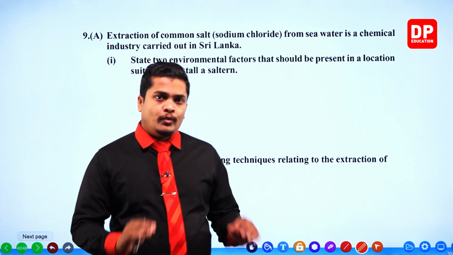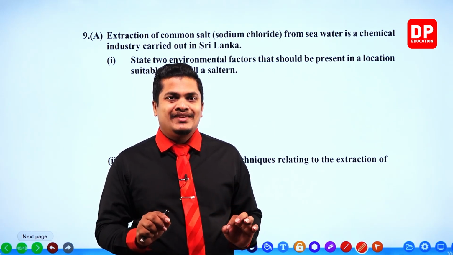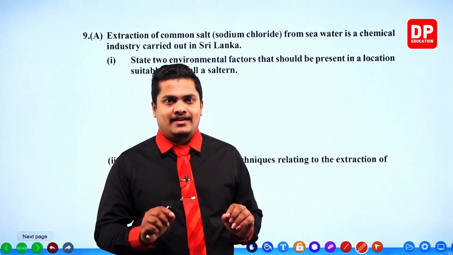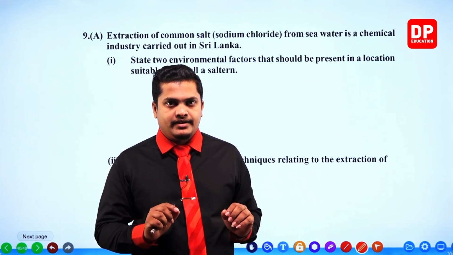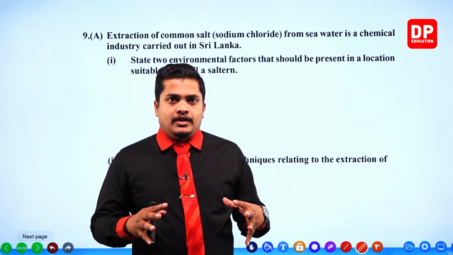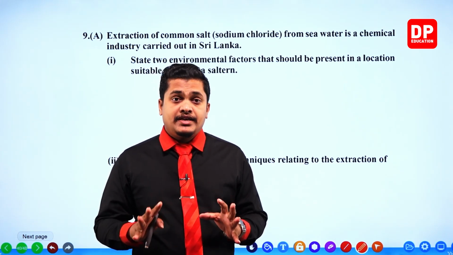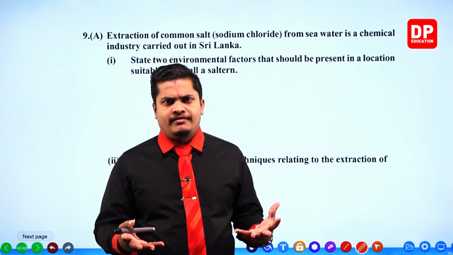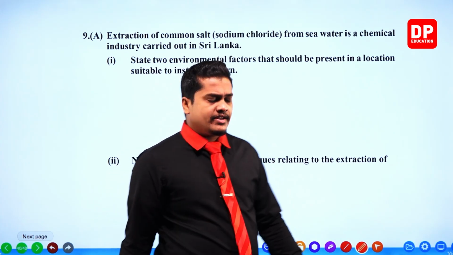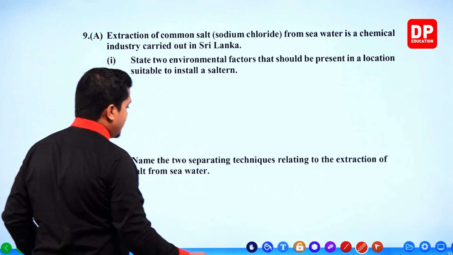When you take a saltern, the land selected for the saltern should definitely be a flat land. Then the rainfall should be very low. There should be a high amount of sunlight and wind throughout the year. So these are the environmental factors. Very simple. So we can write the answer. Land being flat.